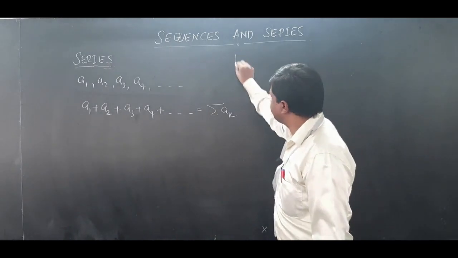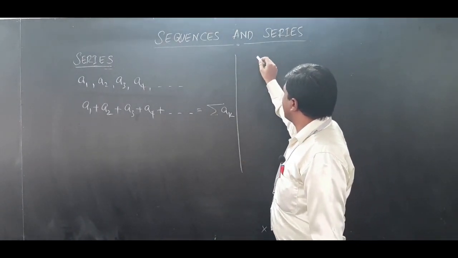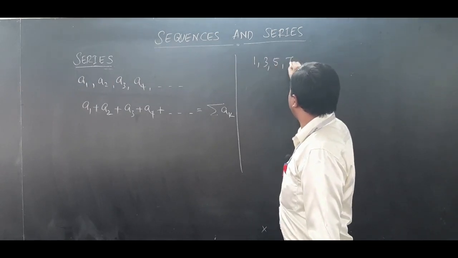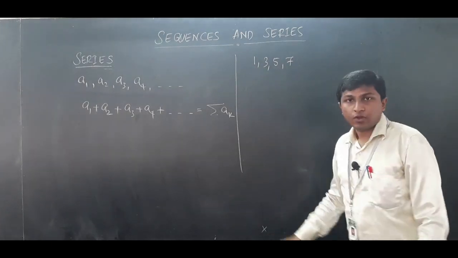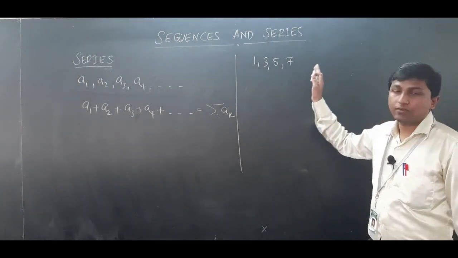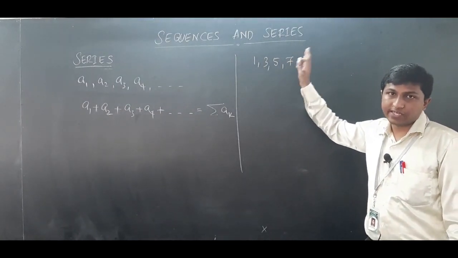For example, we'll take any example, say 1, 3, 5, 7. Okay, I have not written 3 dots after 7, which means that the last term of this sequence is 7.